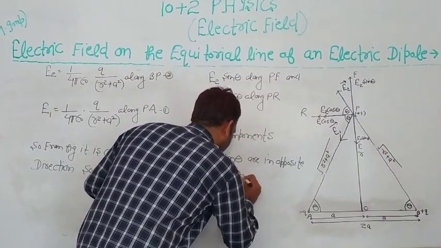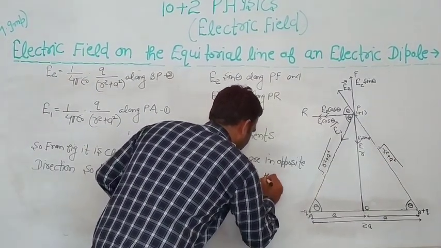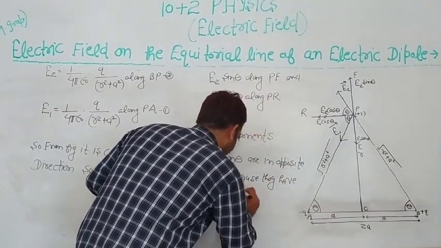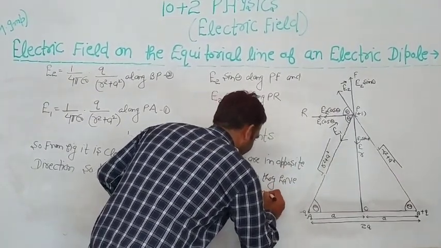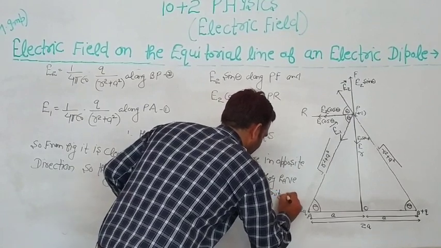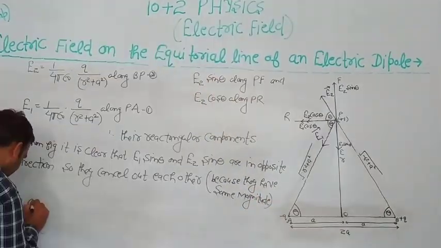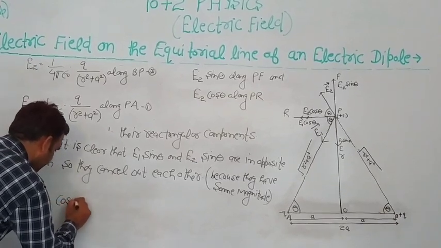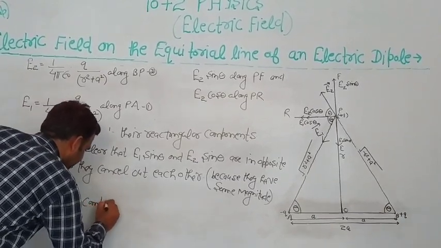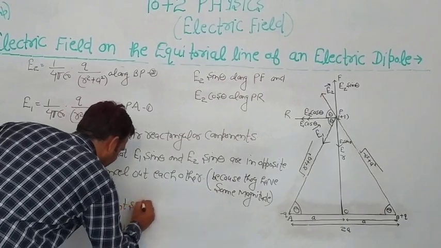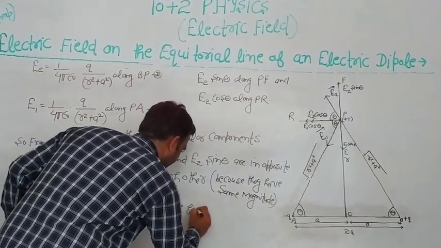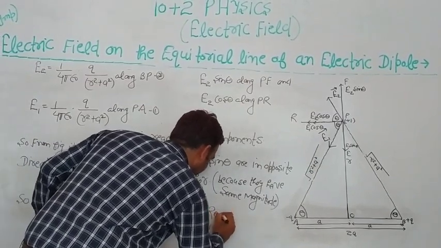Only the cos theta components contribute to the resultant electric field.